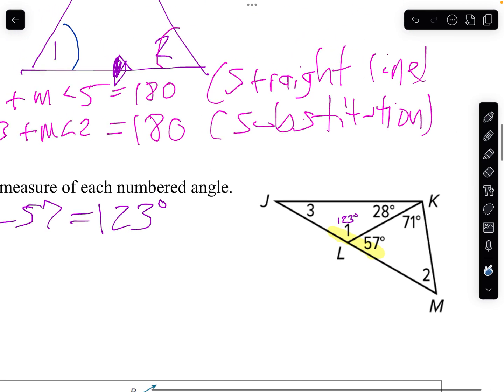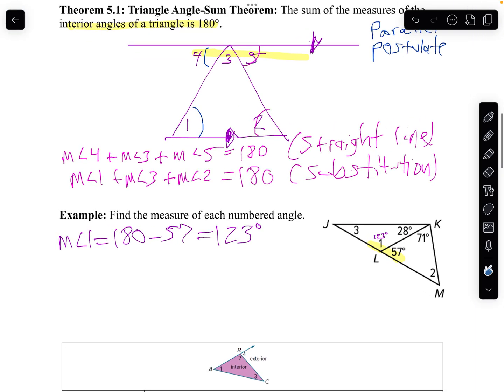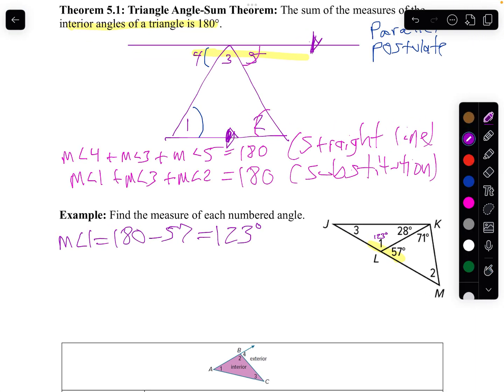Now to find the measure of angle 2, I know angle 2 is part of a triangle. So the measure of angle 2 is 180 minus 71 minus 57, because I know all three of my angles add to 180. So I'll just subtract those off.